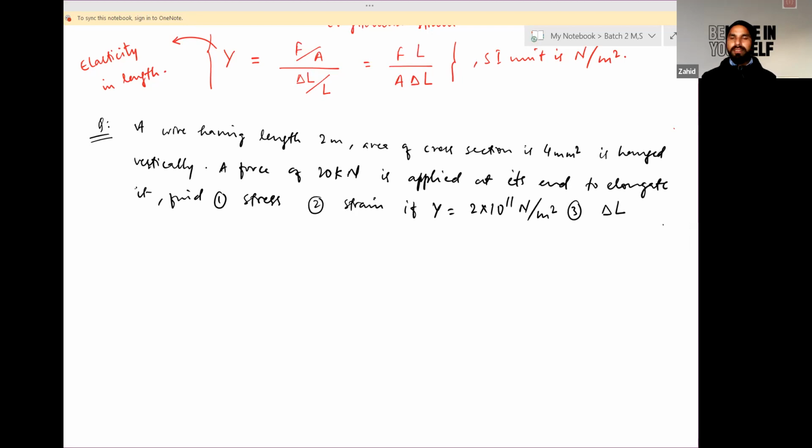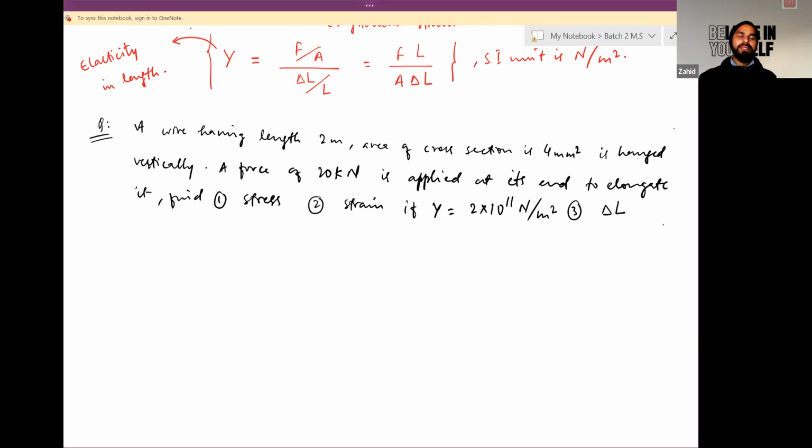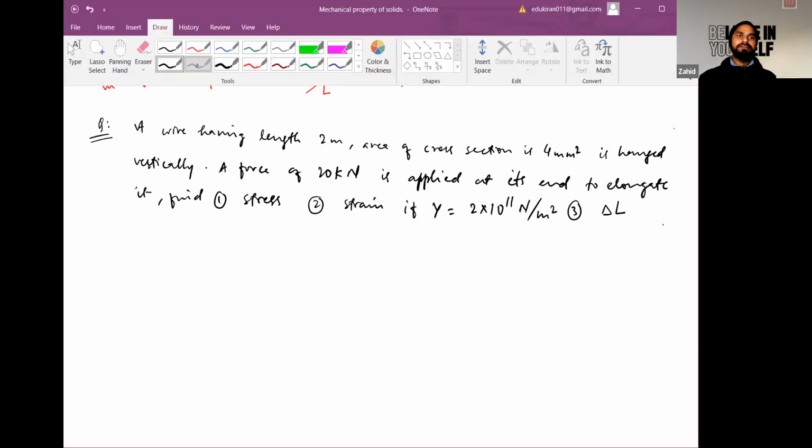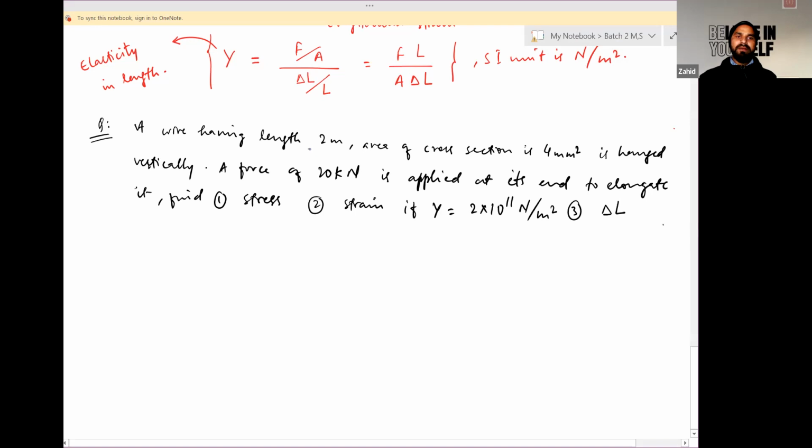First, try to write each term in its SI unit. We have length as 2 meter, which is in SI unit, so L equals 2 meter. But area of cross section is 4 mm square, so multiply it by 10 to the power minus 6 to convert it into meter square.